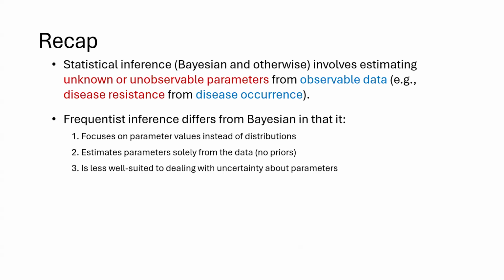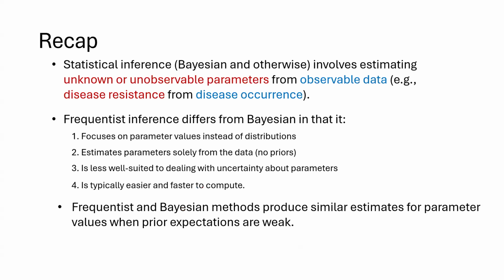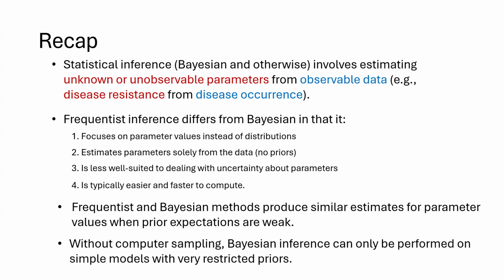It's less well suited to dealing with uncertainty about parameters, but it's typically easier to perform and faster to compute. But frequentist and Bayesian estimates produce similar parameter estimates, like the values, when prior expectations are weak. And without computer sampling, Bayesian inference can only be performed on very simple models with very restricted priors.